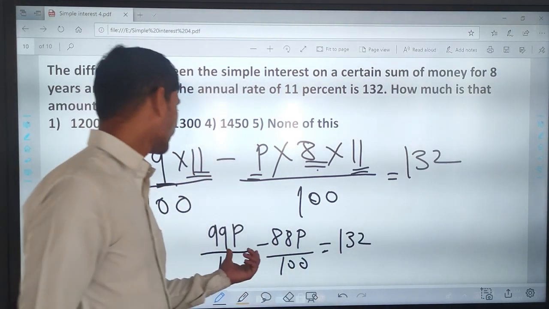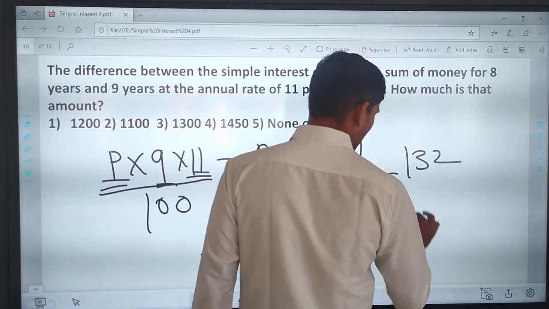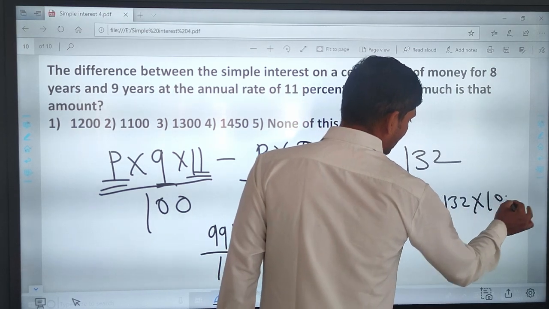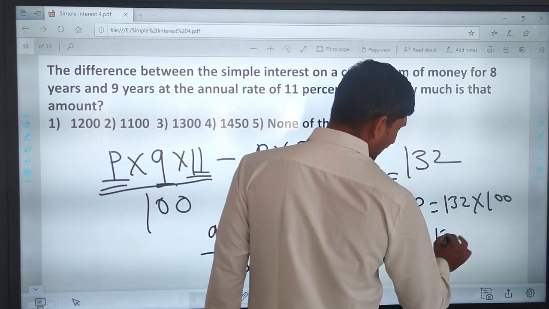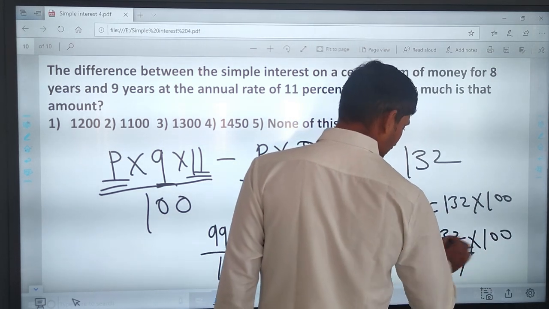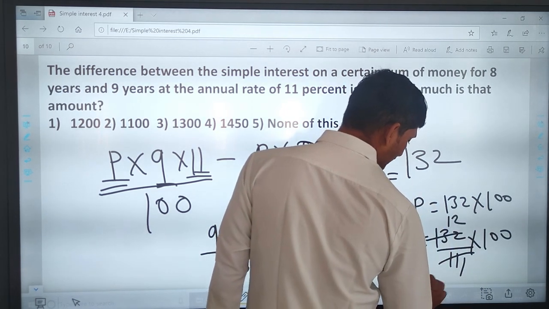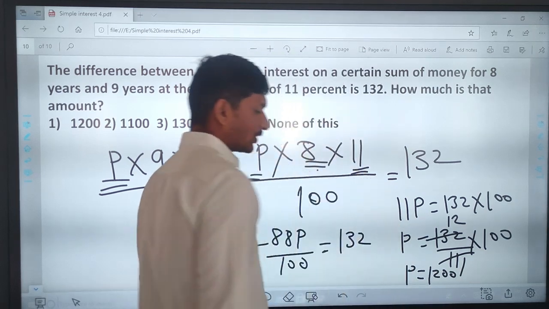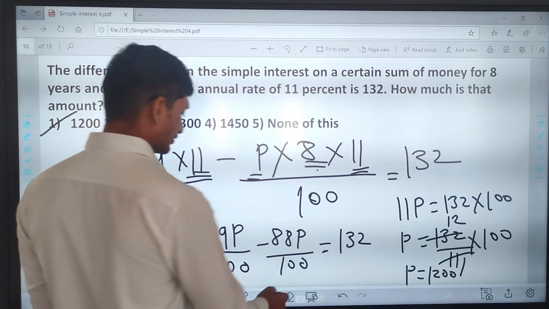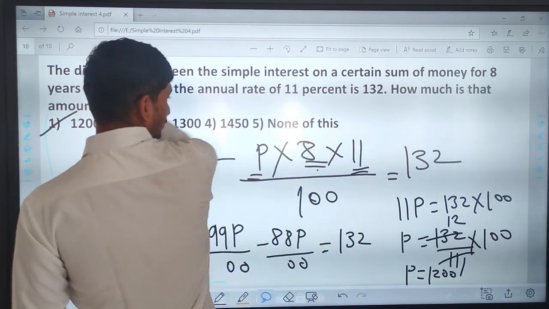Their subtraction is 11P. 11P is equal to 132 into 100. Here P is equal to 132 divided by 11 into 100. Now the principal is 1,200. Now this is your answer.